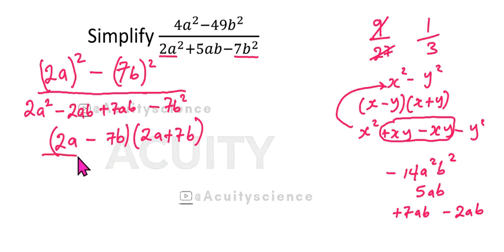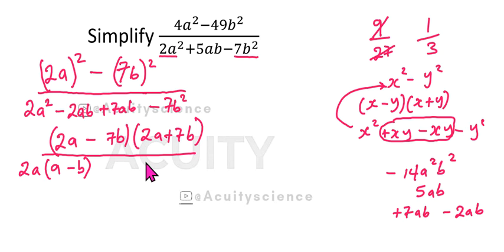So let's go to the denominator. For the denominator, 2a is common in both of these, so we're taking 2a. We need to multiply a to this to get this. So a here. We need to multiply minus b to this to be able to get this. Minus b.